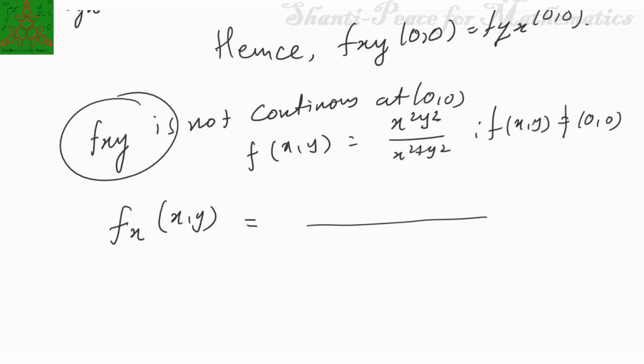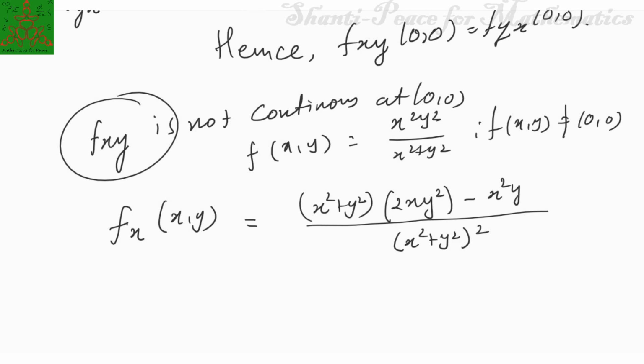You have to apply the division rule here. x square plus y square as it is squared, into the derivative of x square y square with respect to x, which is 2xy square, minus x square y square as it is, into the derivative of x square plus y square, which is 2x.